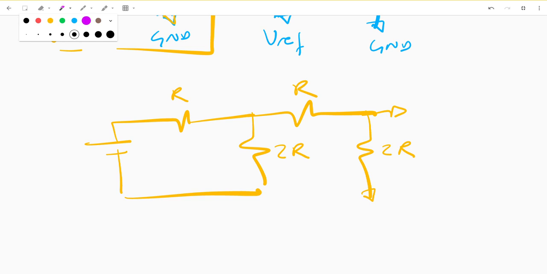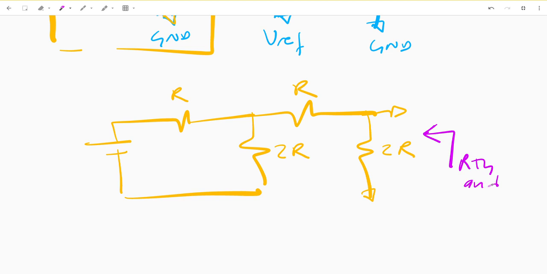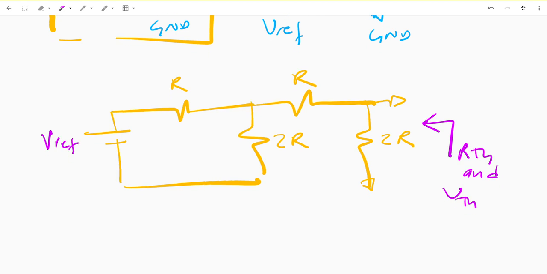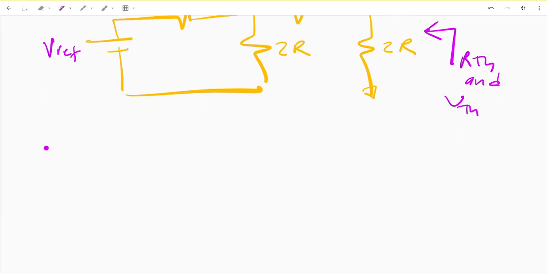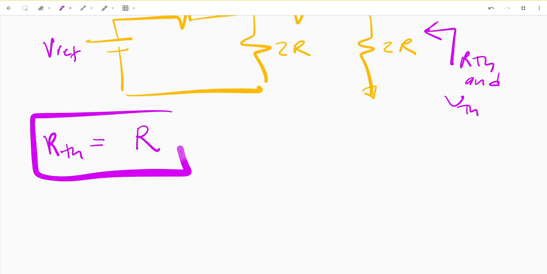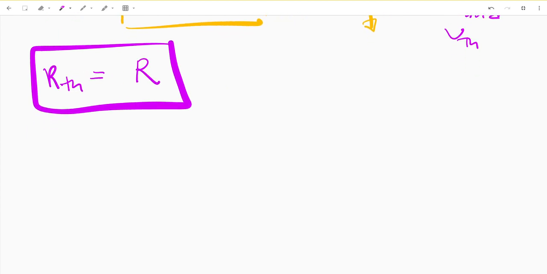And without proving or doing step by step how we did before, we can look in here and find RTH and VTH, where this is Vref. And we find that RTH is equal to R. And again, we proved this earlier in the video.